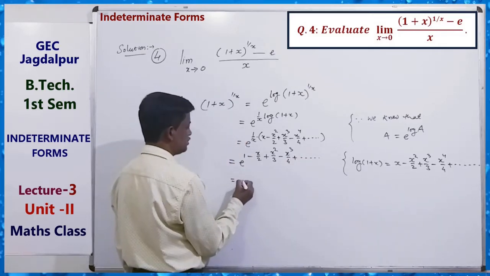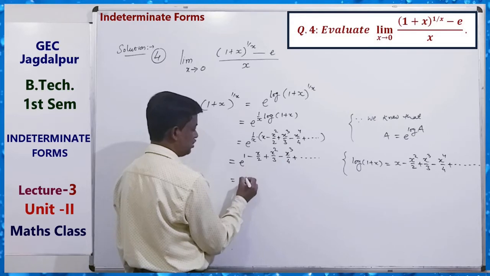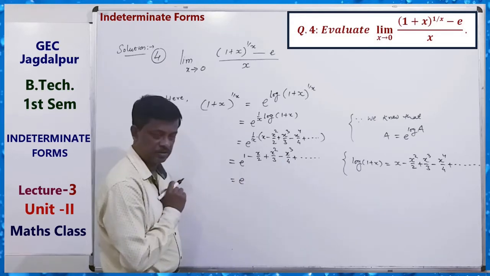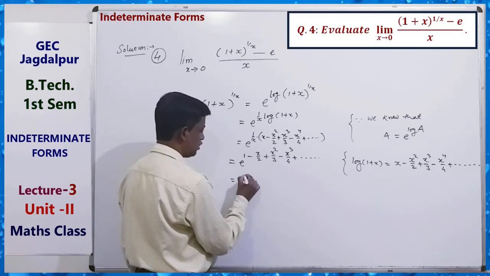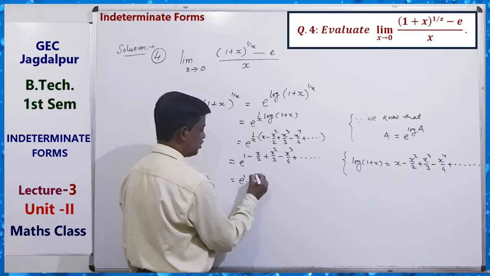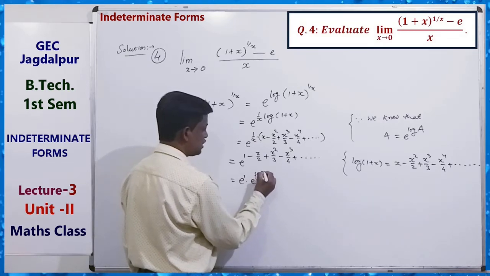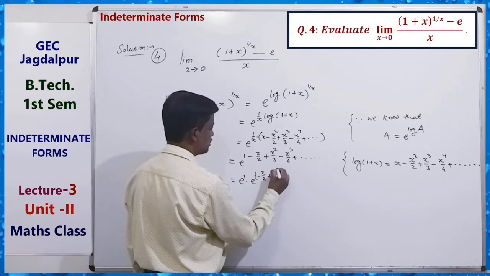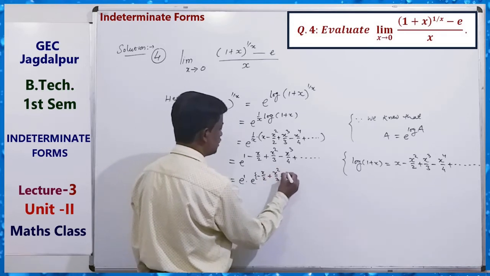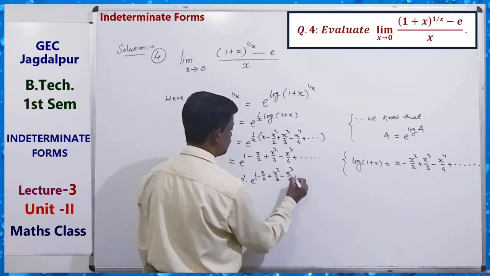This can be written as e to the power 1 into e to the power minus x by 2 plus x square by 3 minus x cube by 4 plus and so on.